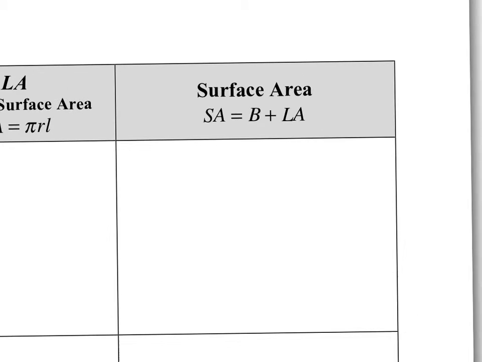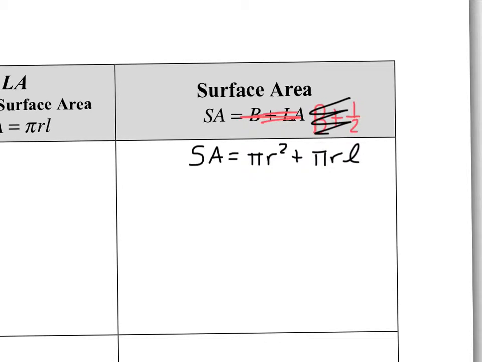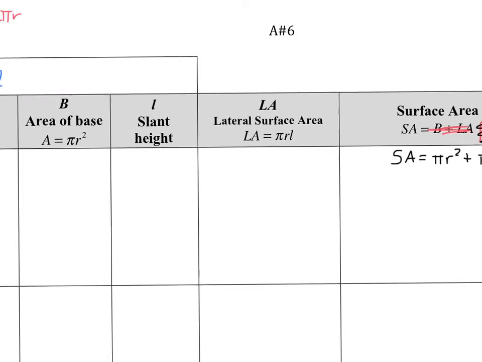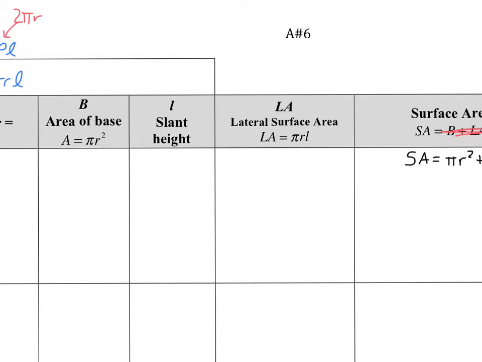So we're going to use the formula that we just gave to you: pi r squared plus pi r L is my surface area. Now all this stuff over here is mental, and sometimes you'll be asked just to find the lateral area. Sometimes you'll be asked just to find the area of the base.